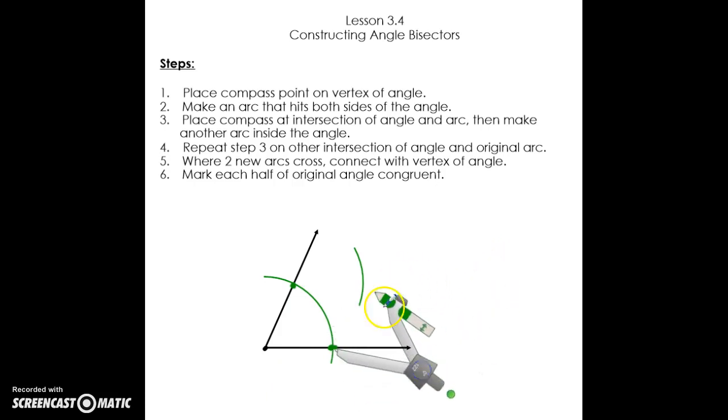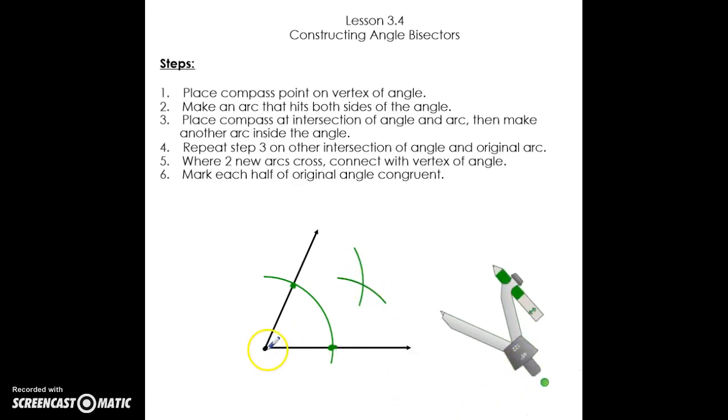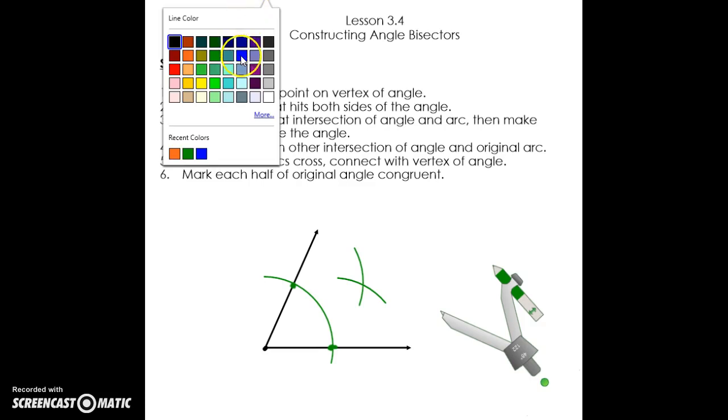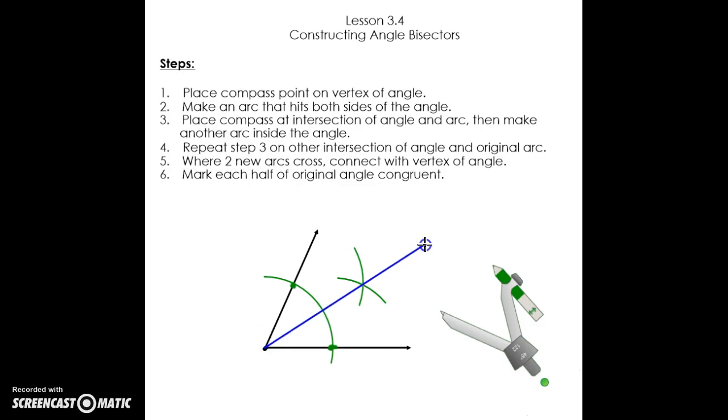We want those two arcs to cross, and where they cross, we will connect back with the vertex. And so with my vertex point up through the intersection, you can see that you have two congruent angles. And so this would be the angle bisector.